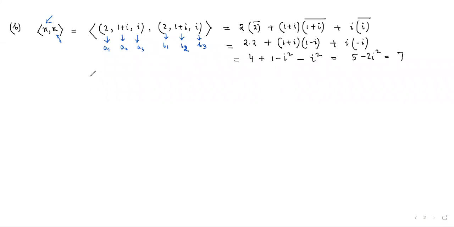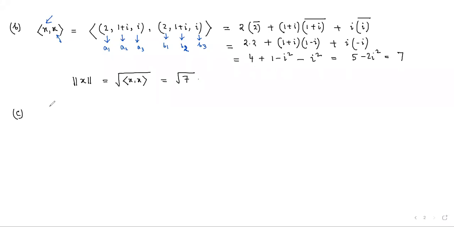Okay. And by definition, the norm of x is equal to the positive square root of the inner product of the vector x with x, which is nothing but the positive square root of this number 7. So the length of the vector is root 7. So this is the norm of x.